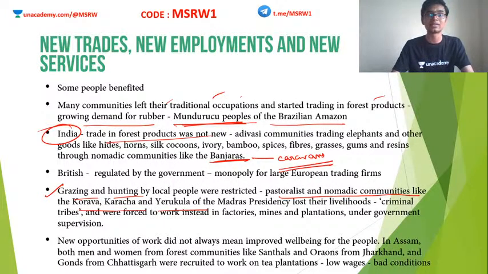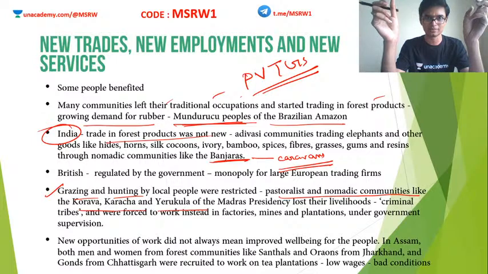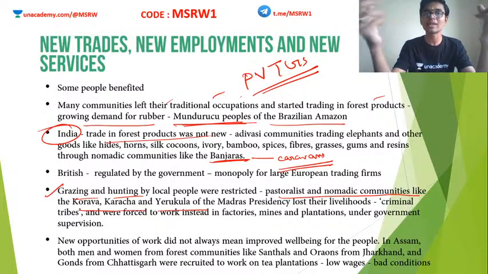They were termed criminal tribes. Later, after independence, they came to be known as vulnerable tribal groups, VTG. And eventually they got another classification, PVTG, particularly vulnerable tribal groups. You hear this often in your current affairs materials.